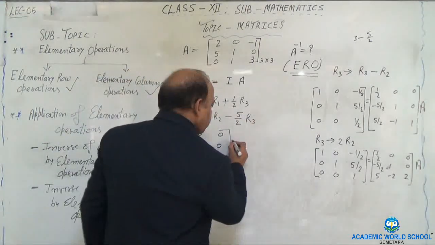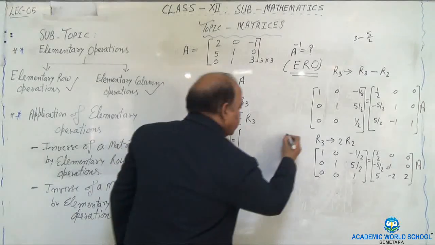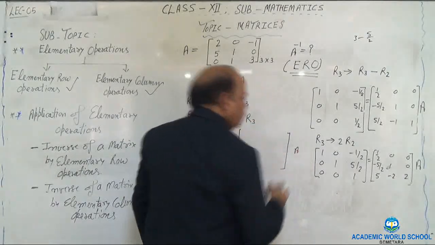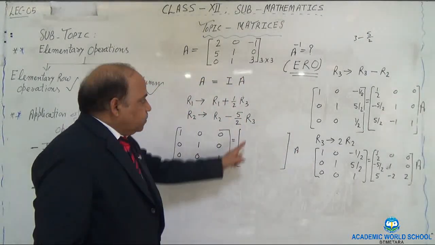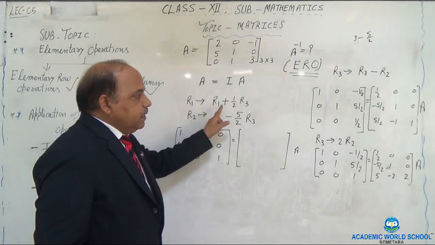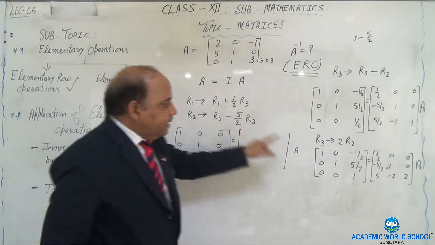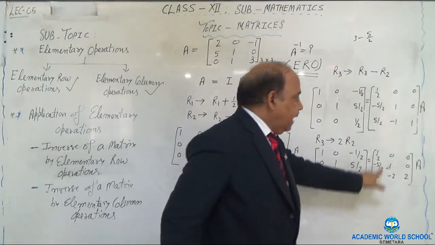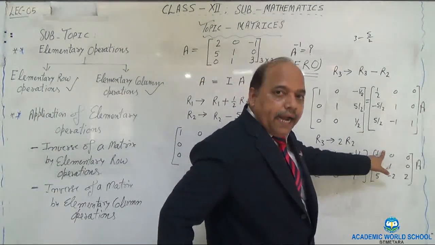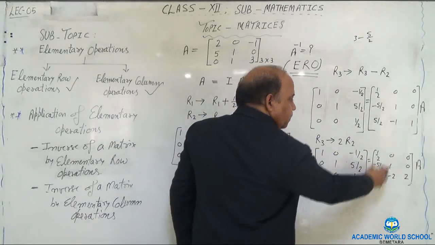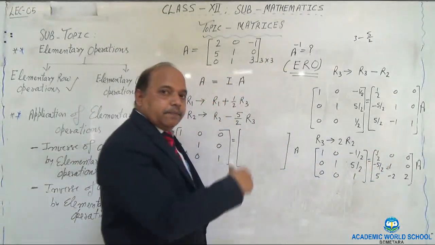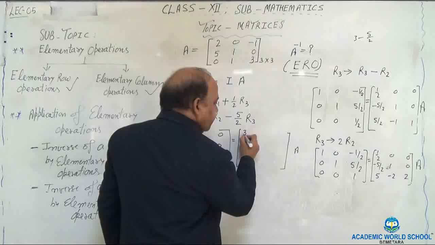Let's see what happens to the right side. In this case, this is the crucial part, what we have to arrange. So what we have done, first R1, in R1 there is a change. What is the change? Half time of R3 we are adding. First multiply by half and then add to this one. So 5 by 2 plus half, it will become 6 by 2, it means it becomes 3.